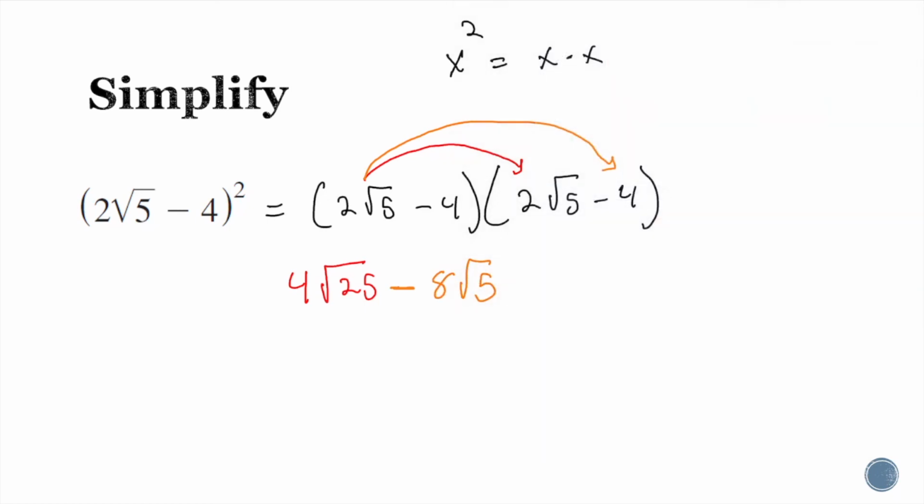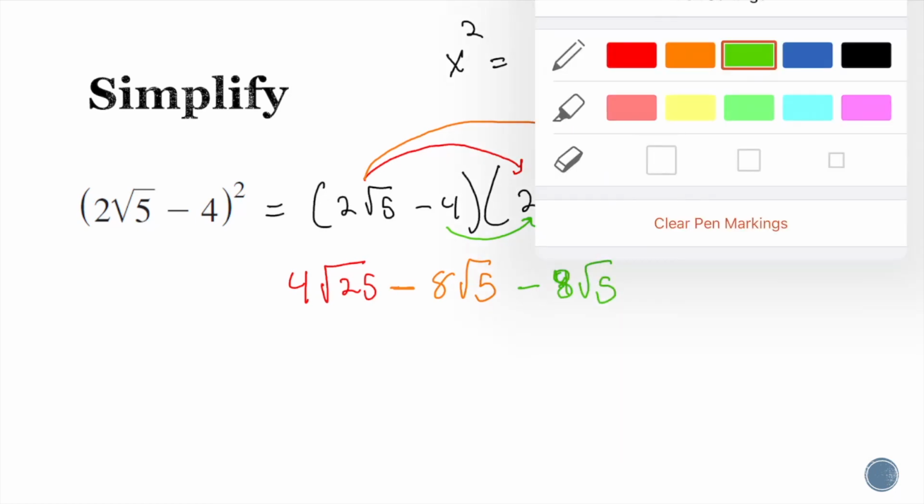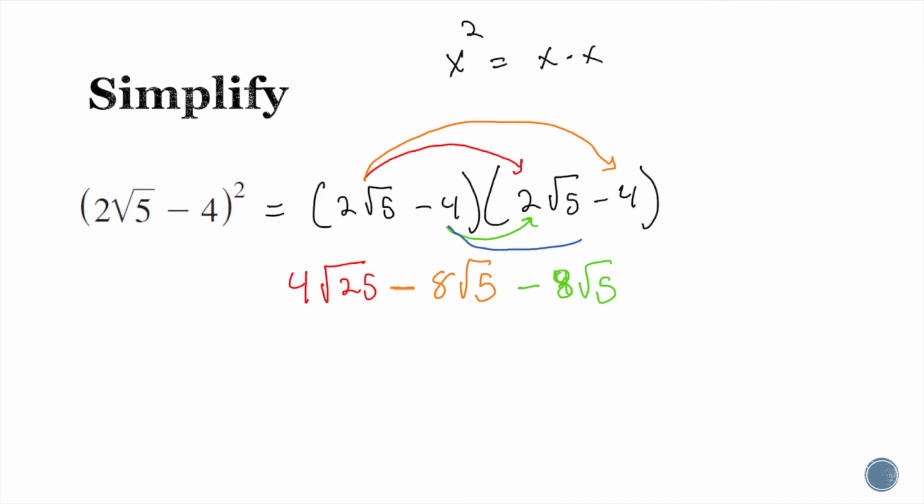Let's take a look at the others. Negative 4 times 2 times the square root of 5 is negative 8 times the square root of 5. And lastly, I have negative 4 times negative 4 to give me a positive 16. Perfect. Now a little bit more to go. The square root of 25 is 5.